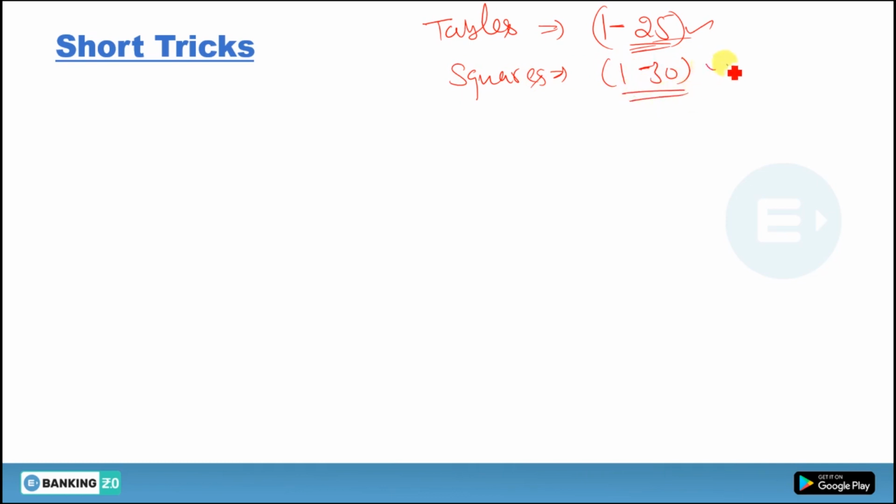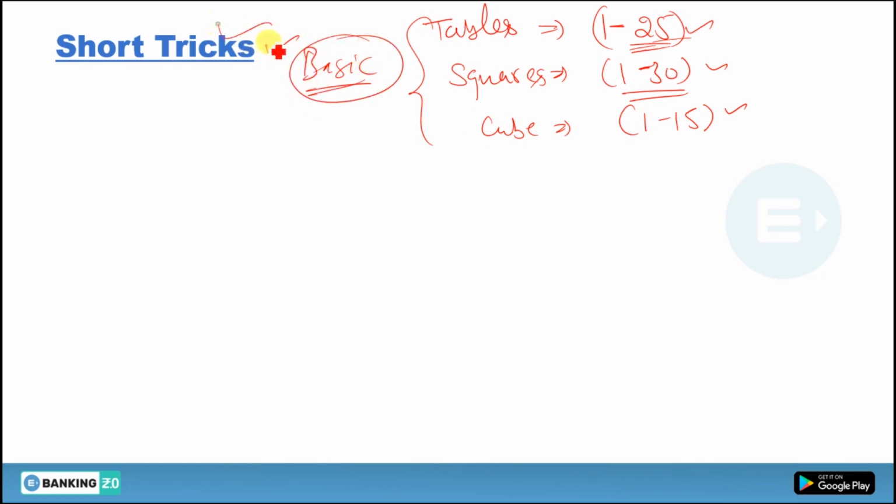At least this much you have to learn. Now if you talk about cubes, you have to learn cubes from 1 to 15. At least these 1 to 15 cubes you have to learn. And after these you can use the tricks which I am going to tell you now. So these are the basic things you need to know before you move to these short tricks.